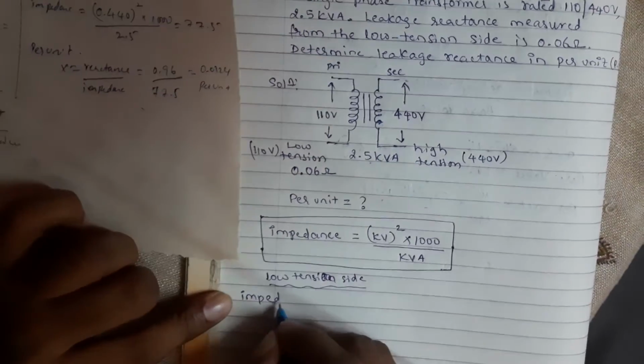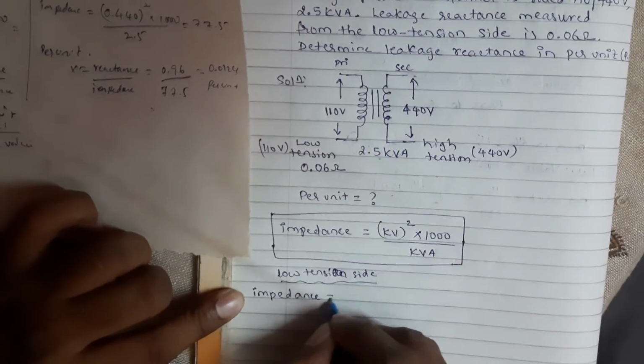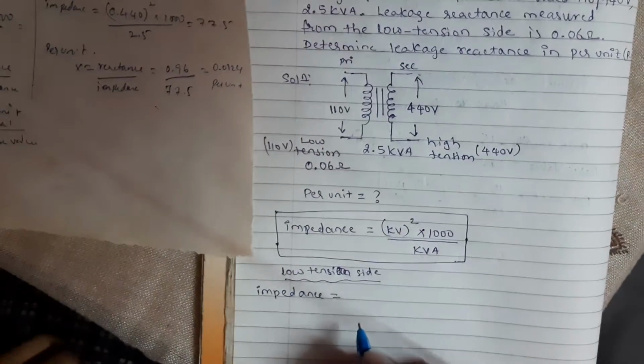Impedance is equal to kV squared, what is the kV at the low tension side?